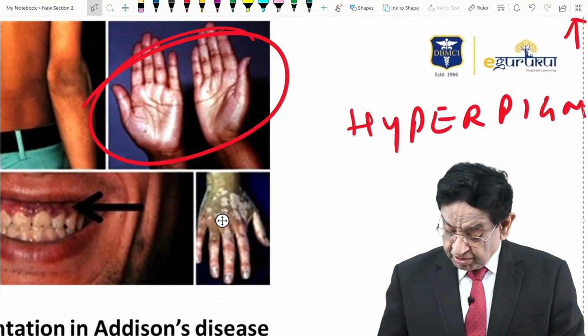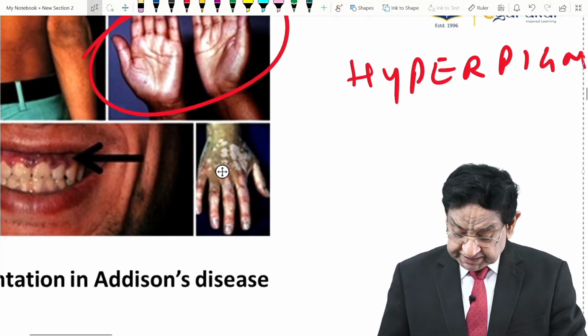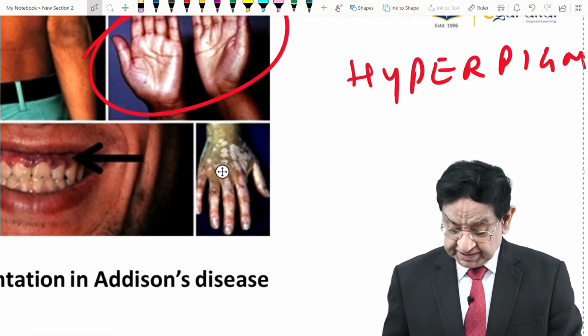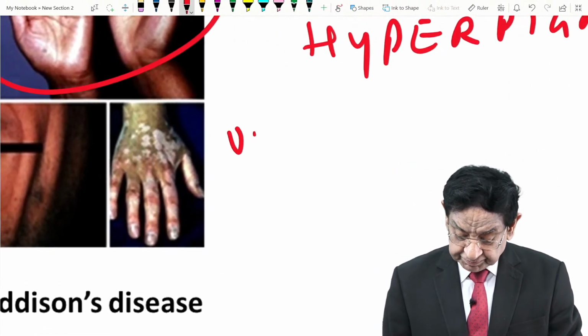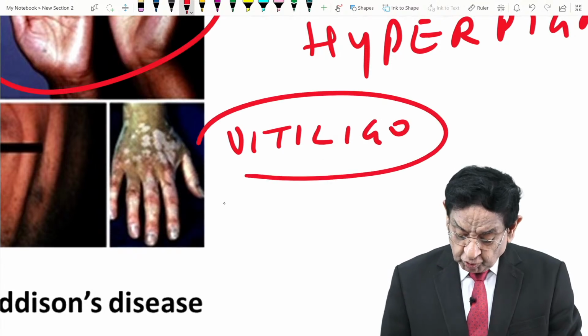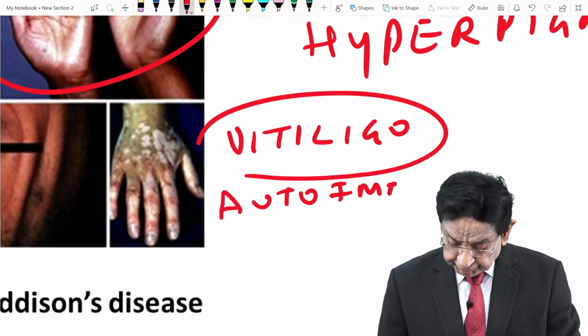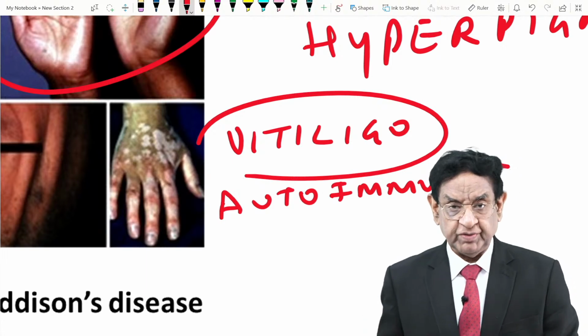But now comes the gold medal question, not known to 90%. In some cases of Addison disease, there can be even vitiligo also. But this is seen only in the autoimmune variety of Addison disease, not otherwise.